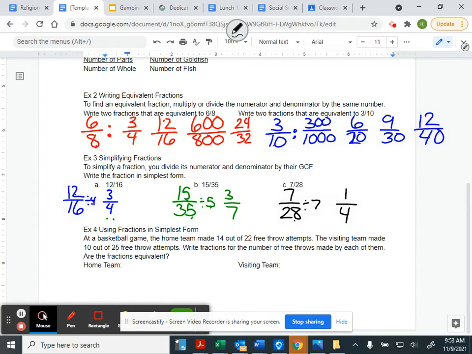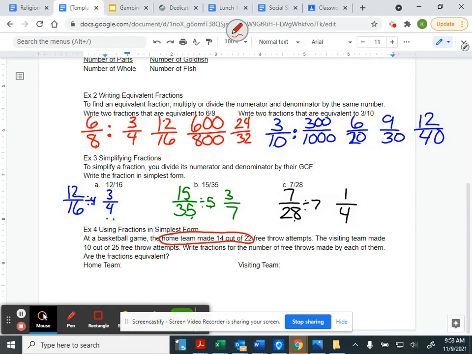All right, example 4. At a basketball game, the home team made 14 out of 22 free throw attempts. The visiting team made 10 out of 25 free throw attempts. Write fractions for the number of free throws made by each of them. Are the fractions equivalent? So, the home team, we know, made 14 out of 22 free throw attempts.